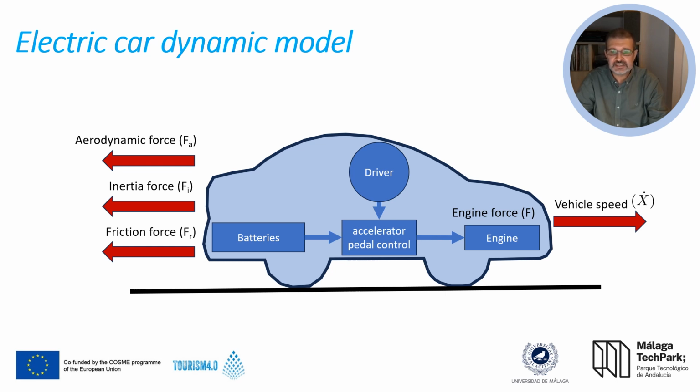These forces decrease the speed of the car. In this way, the actual vehicle speed x dot is the balance between the engine force and the aerodynamic force, inertia force, and friction force.